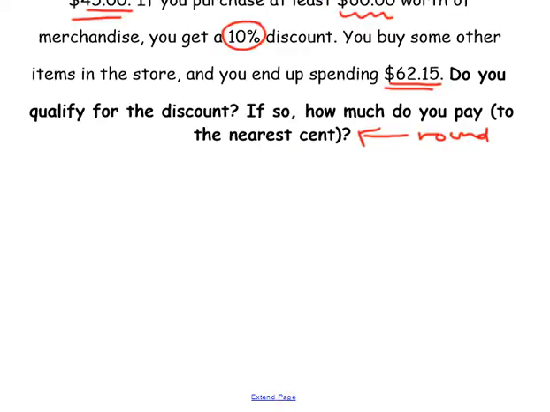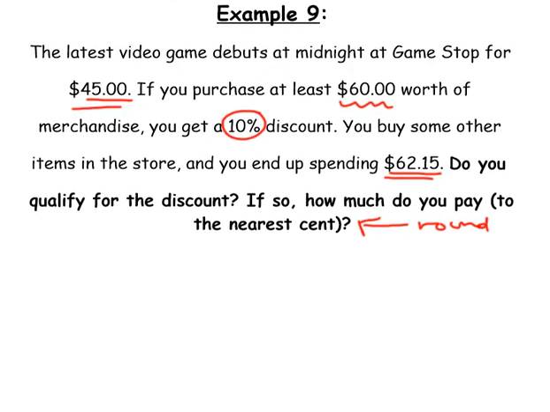So we have a lot of information going on here. This is a very typical standardized test question because it has information that you don't really need. If you want to buy the video game and it costs $45, that's fine. But it says that in order to get the discount, you need to buy $60 worth of stuff. Okay, that's fine too.